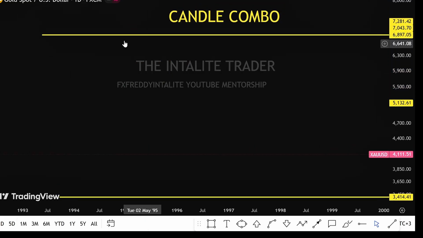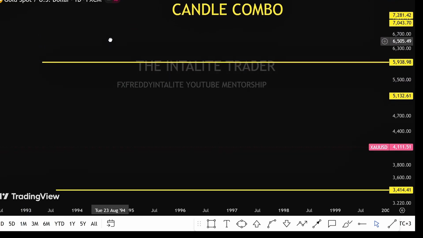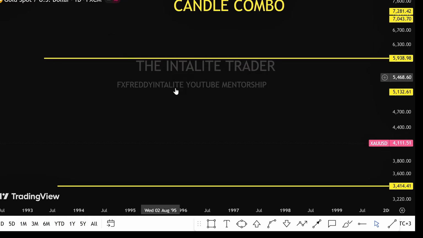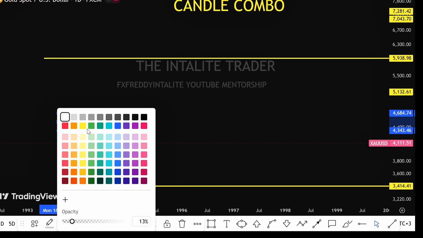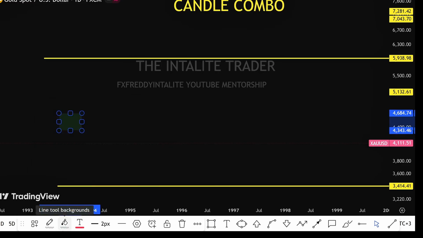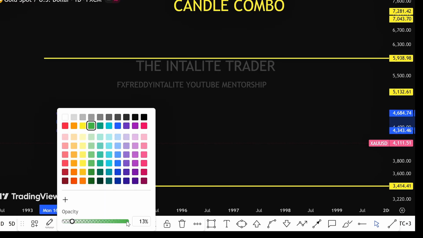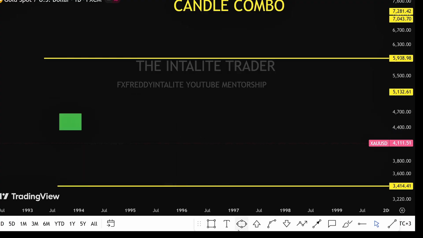A candle combo is when you have more than one candlestick pattern at a key level. Let's say price is in an uptrend.